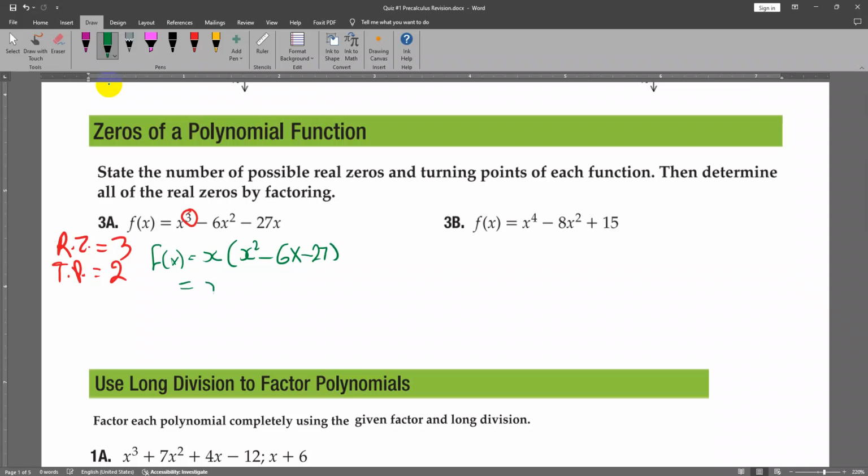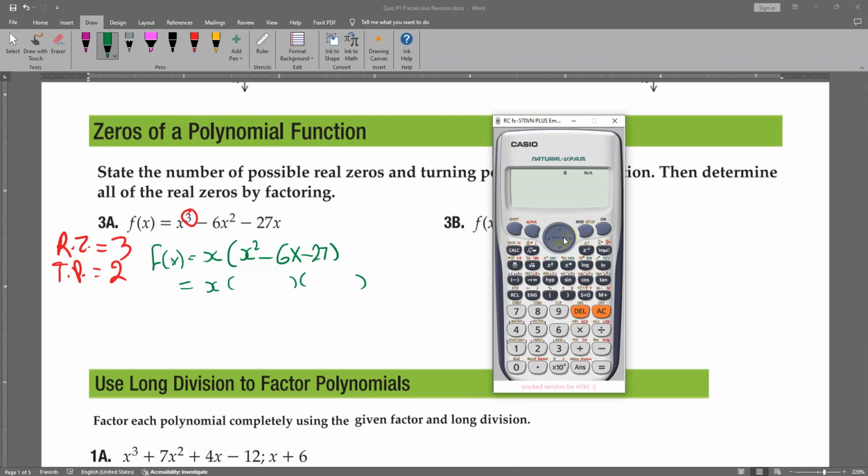And then we will factorize the quadratic function. You can use your calculator, mode 5 3. The first coefficient is 1, second coefficient negative 6, third coefficient negative 27. The first answer is 9.